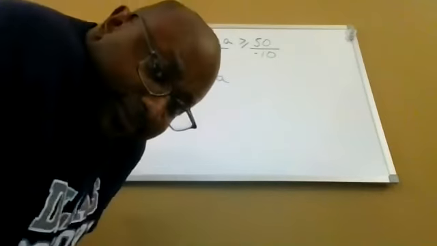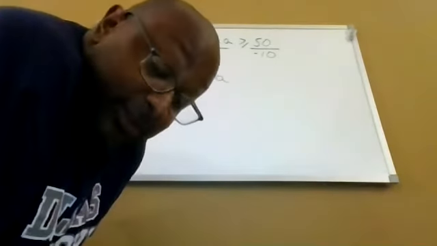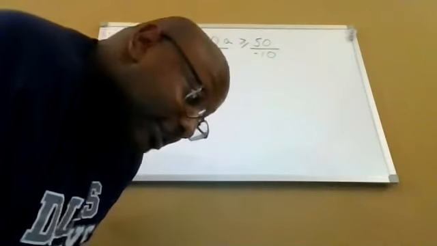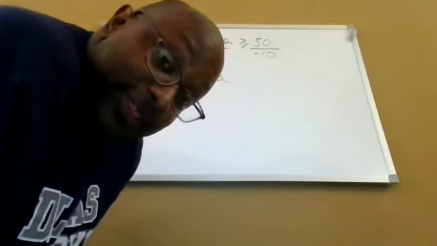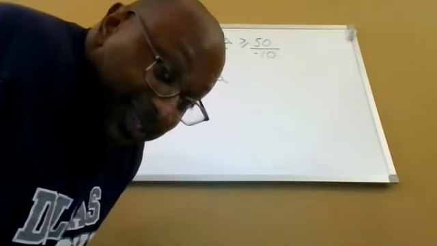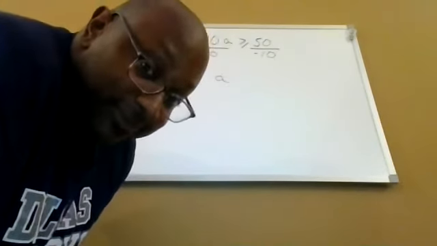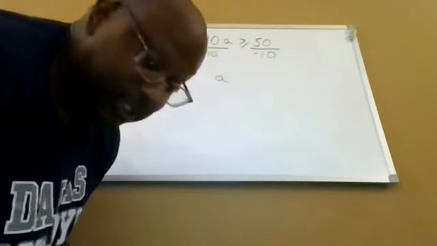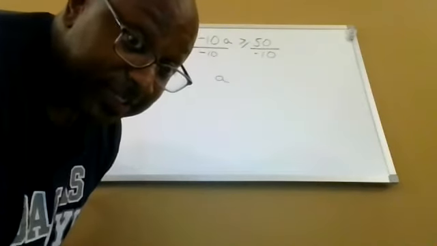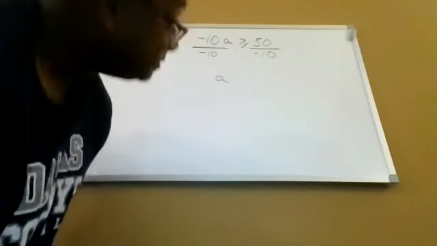Now, why is that? I don't know. That's just the math rule that I know works. Somebody had a theorem way back in the day that proved this. You don't want to hear this stuff now. You just want to know how to do it, right? Okay, just trust me. You divide by a negative, you change the sign to the opposite direction.